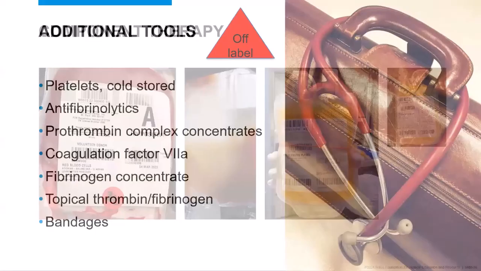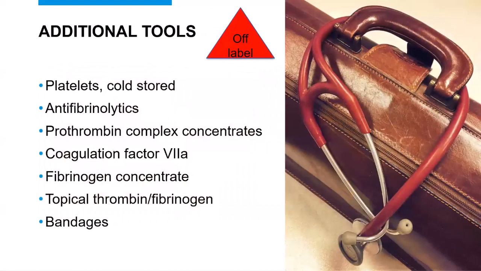We also have some additional tools that we use to help support this process. Some of these might be off-label, depending on their usage and how we're using them. But hopefully the story of coagulation has now made these additional tools make sense.